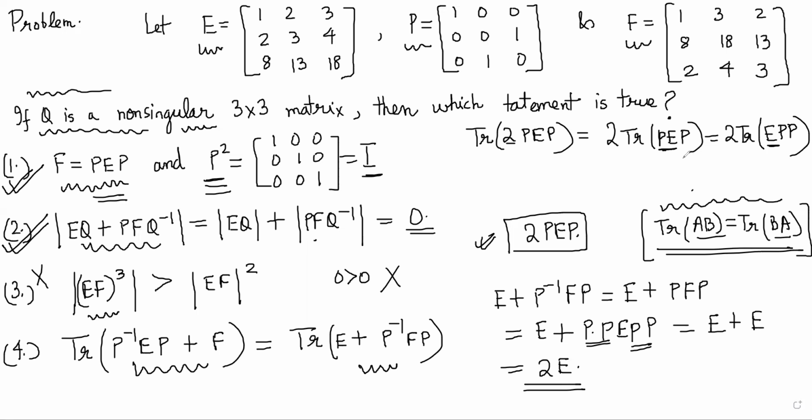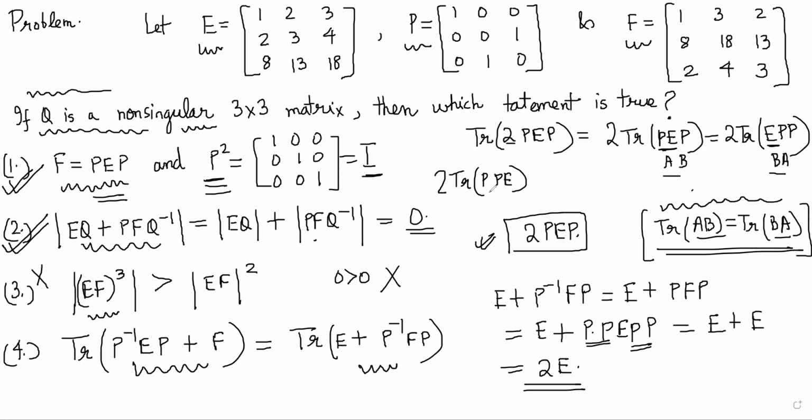Correct. Basically, I'm saying this is A, this is B, should be BA. So that will be PPE. That's the same thing. Ideally, if you write it as AB and BA, you should write it as trace of PPE, right?